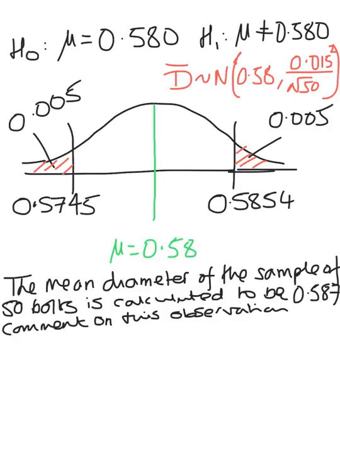So finally, to answer the second part of the question, it says the mean diameter of the sample of 50 bolts is calculated to be 0.587. So comment on this observation. Our original hypotheses were, the null hypothesis was the mean was equal to 0.58, and the alternative was that it wasn't equal to 0.58.